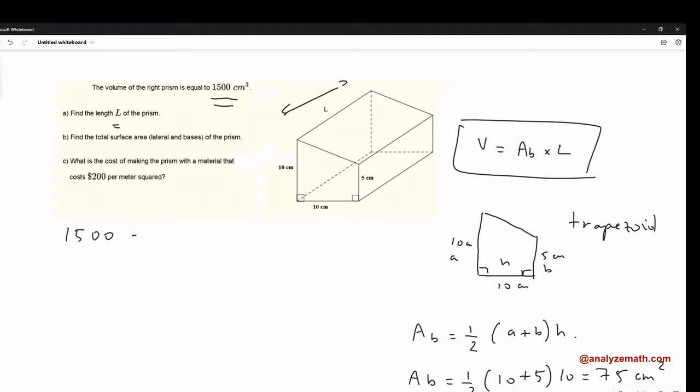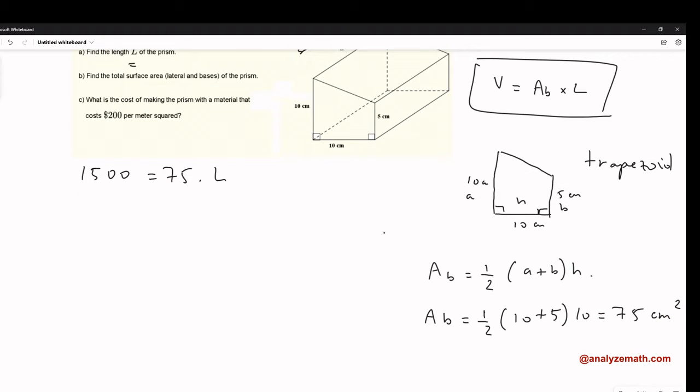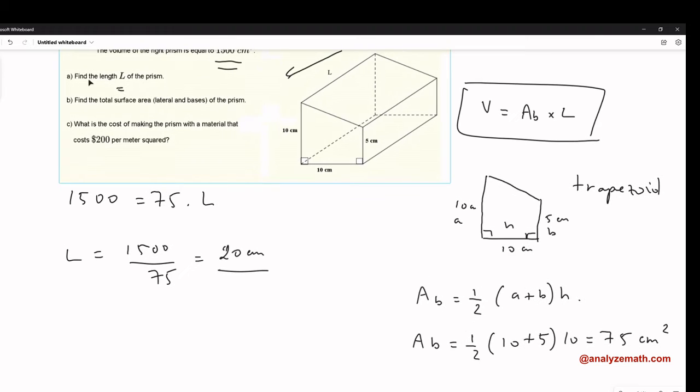It's equal to AB, and AB is 75, multiplied by L, and therefore L is equal to 1,500 divided by 75, and that gives 20 centimeters. So we found the length L, 20 centimeters. So we have answered part A. So this is all part A.